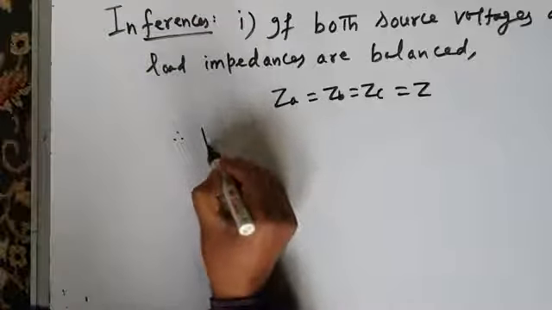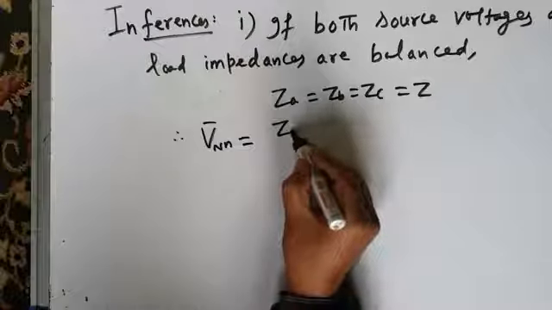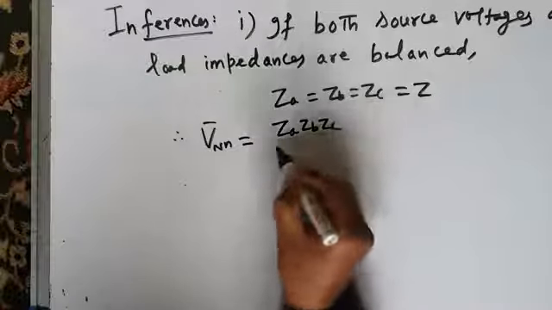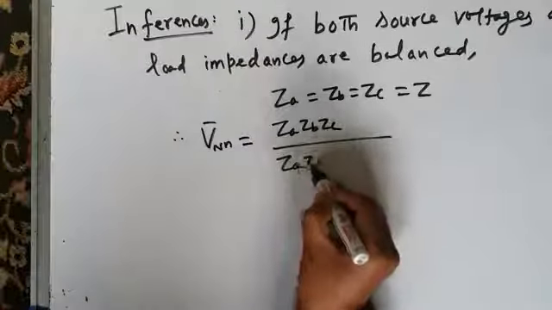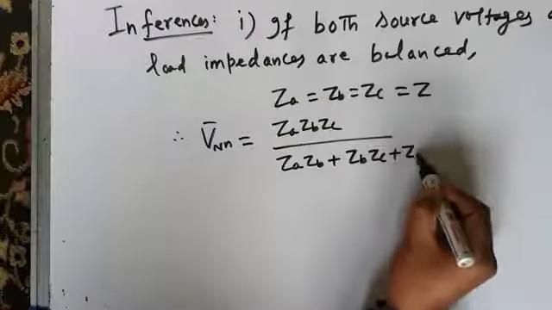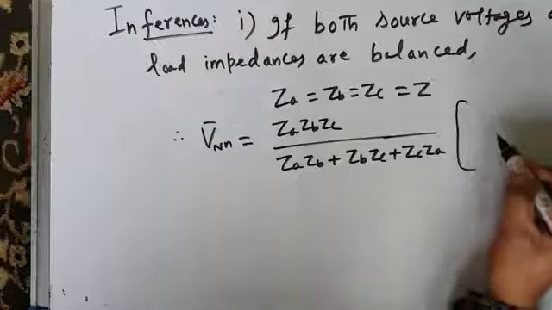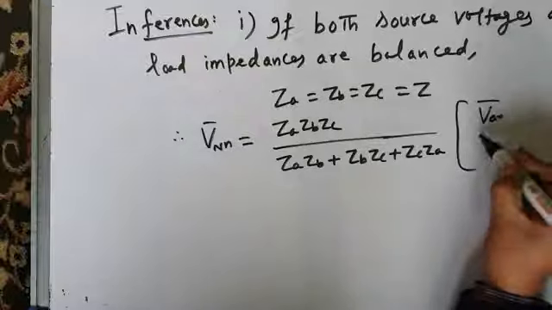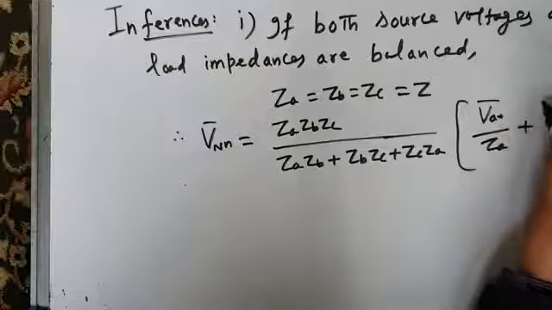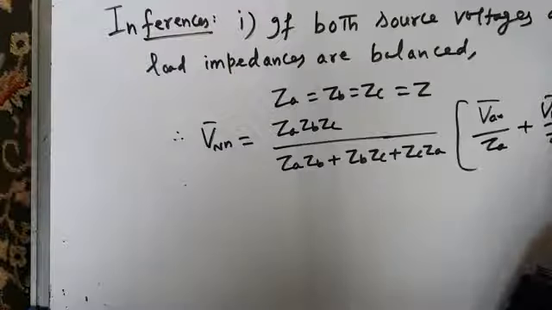Therefore, what will be the neutral to neutral voltage? We already know the neutral to neutral voltage is ZA ZB ZC divided by ZA ZB plus ZB ZC plus ZC ZA, into VAN by ZA plus VBN by ZB plus VCN by ZC.